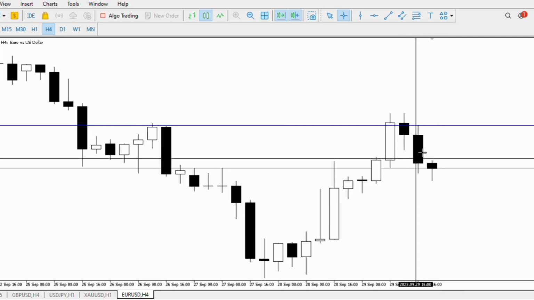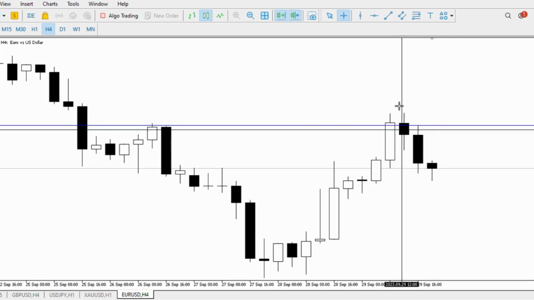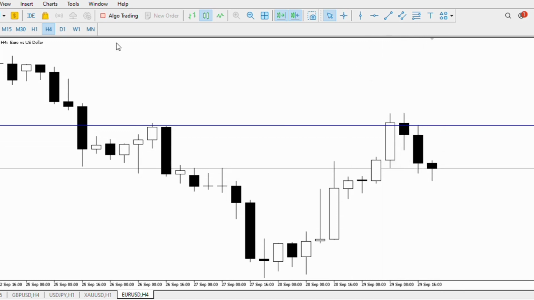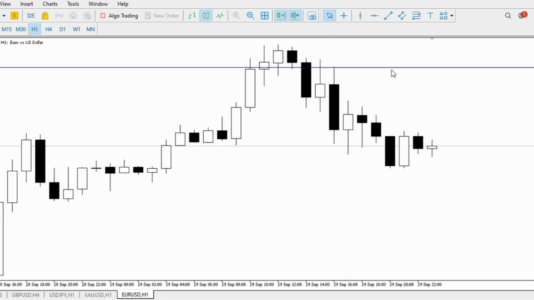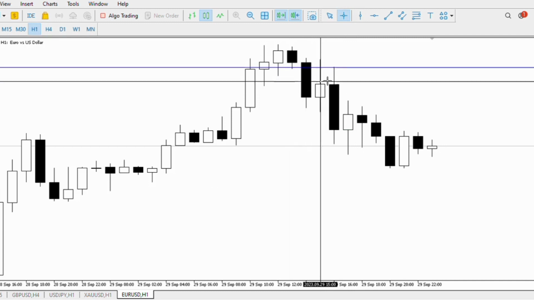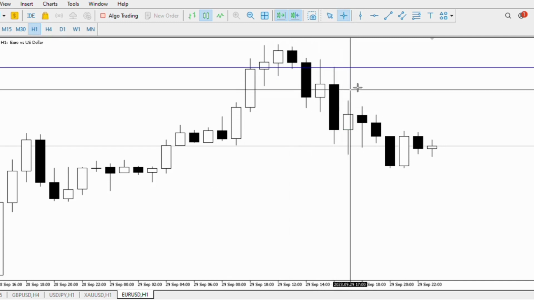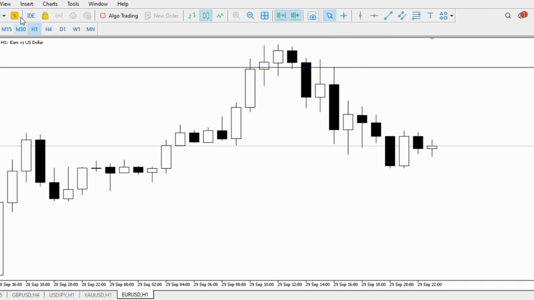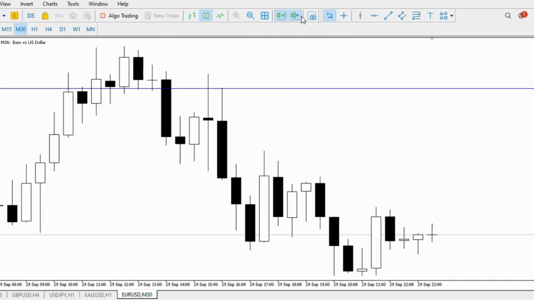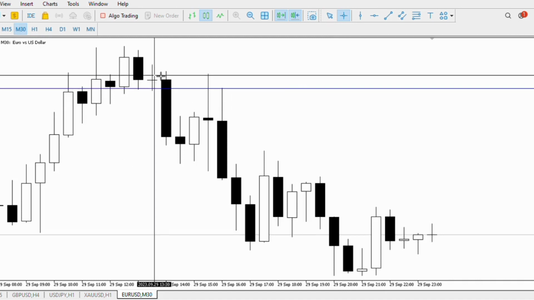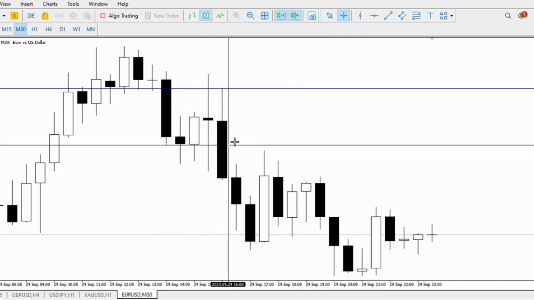From the 4 hour time frame, I can't spot any gap right here. So I'm going to move to the 1 hour time frame right here. From the 1 hour time frame, it's filled, there's no gap here. Then the 30 minutes time frame also, there is no gap.